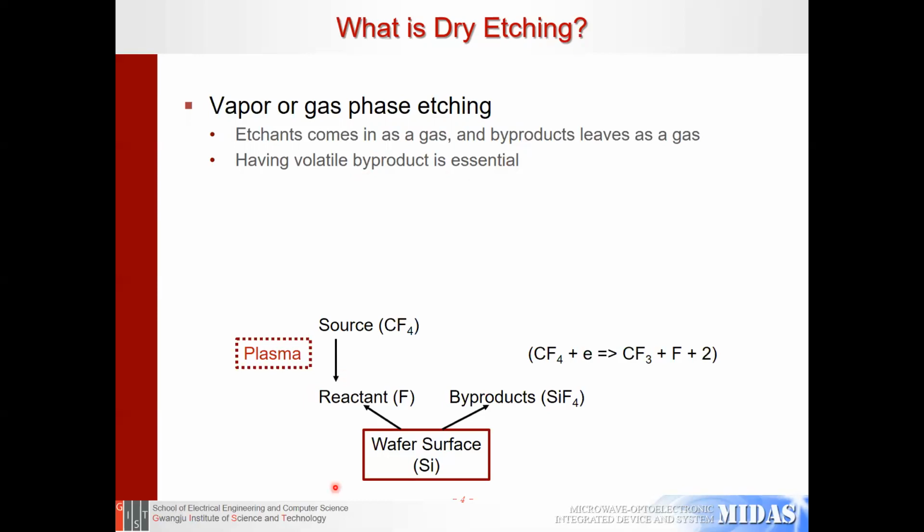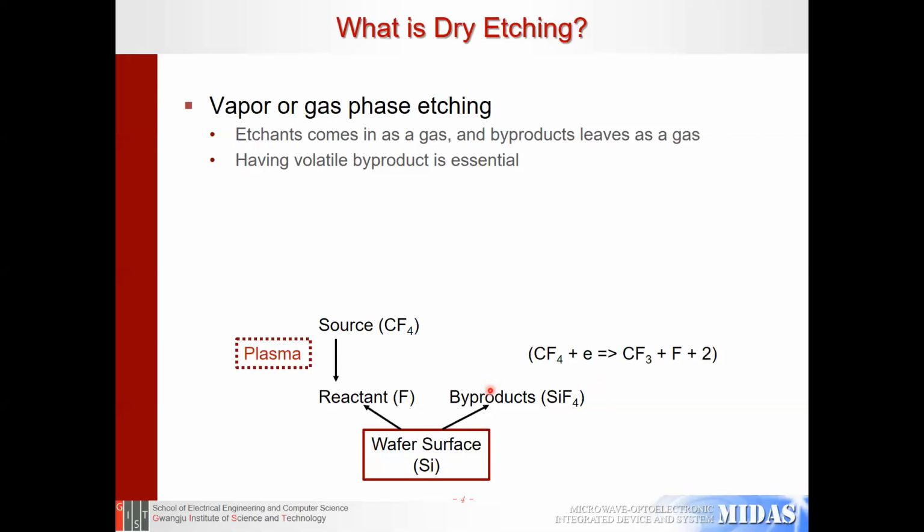So here we have a silicon wafer, and we have the reactant, fluorine, coming down to the surface, and the etchant reacting with the surface, and the byproduct in the form of silicon tetrafluoride comes off.